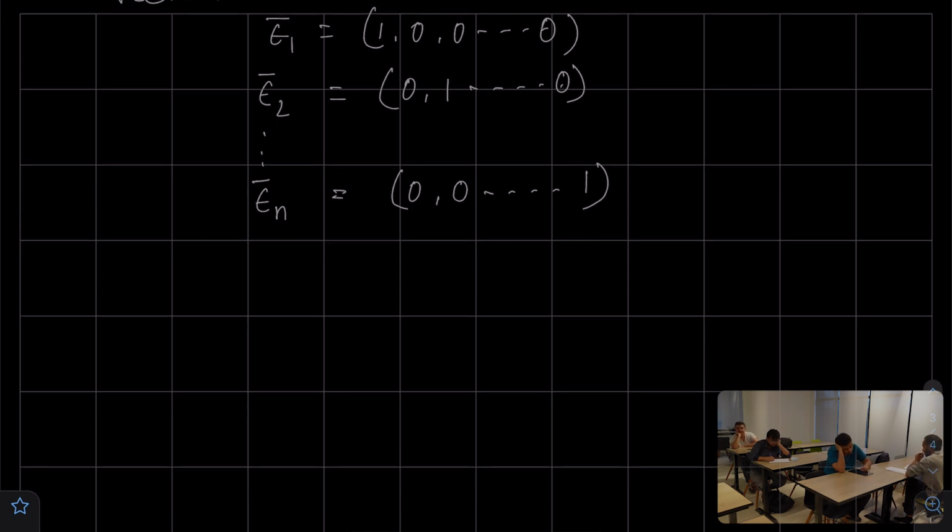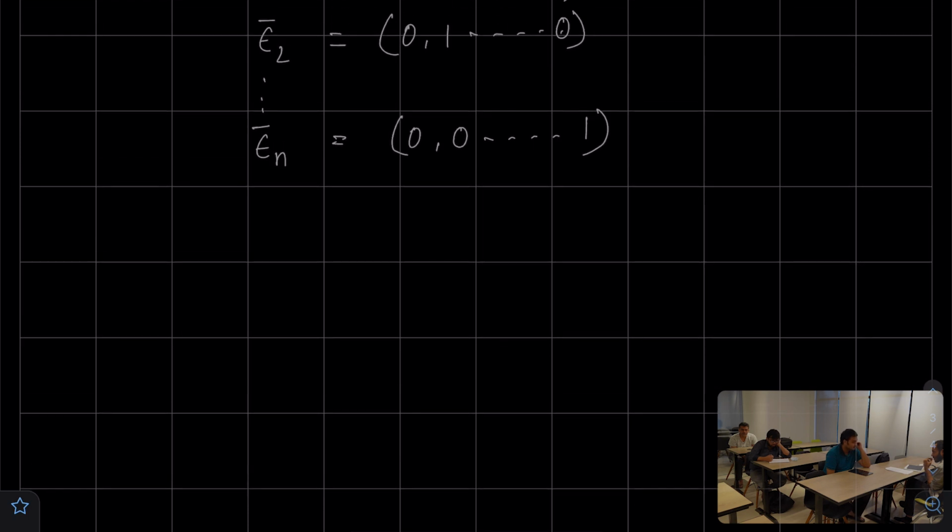Okay. So is this set S a linearly independent set or dependent set? So how can I write it?